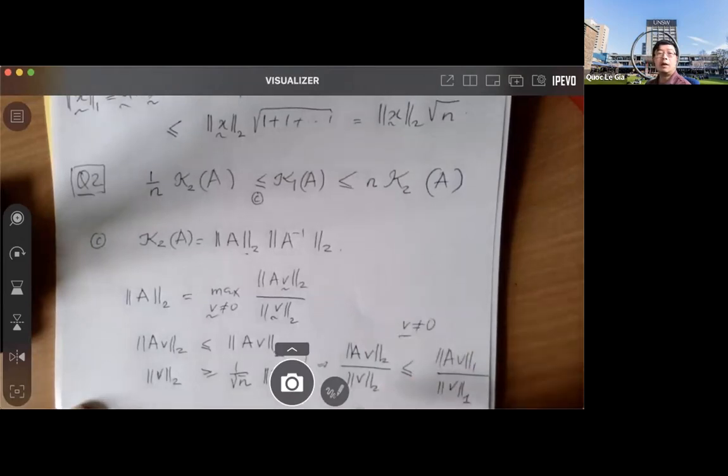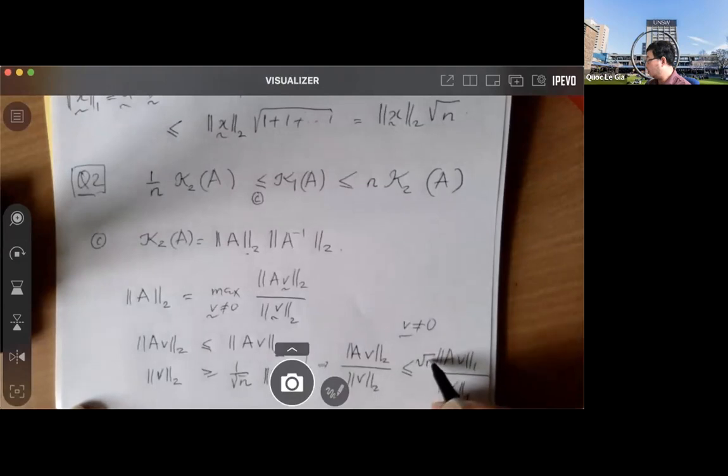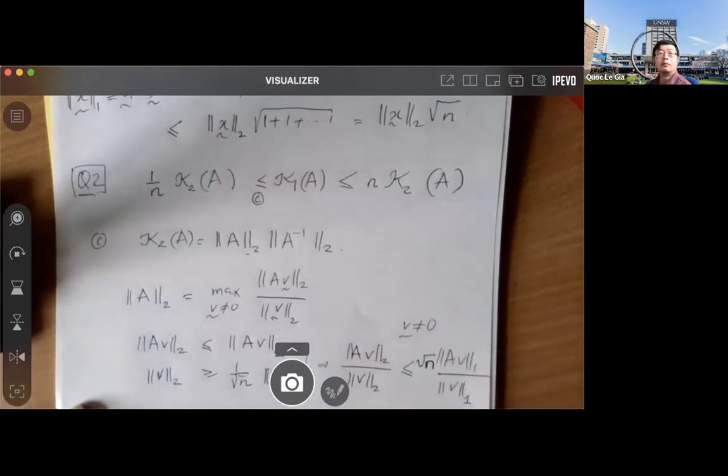Otherwise, you cannot divide like this. Now I forgot the 1 over square root n. So it is 1 over square root n here, and it will be square root n here.